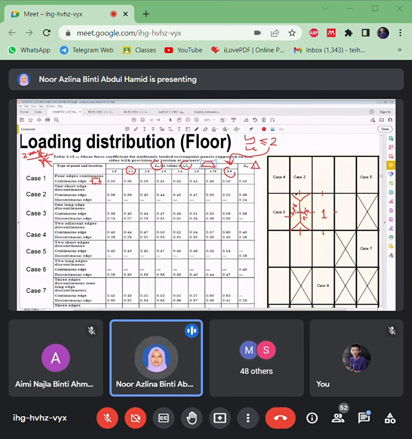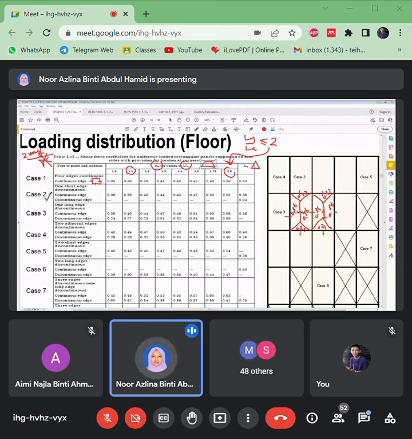For the triangle it is 0.33. Sama juga for case 1, this is 0.33, this is the same 0.36, 0.36.